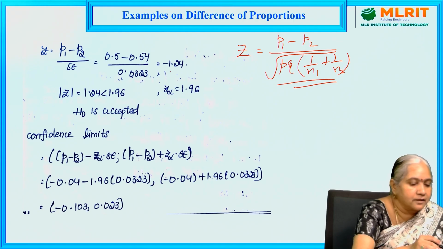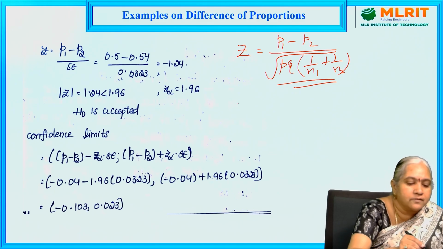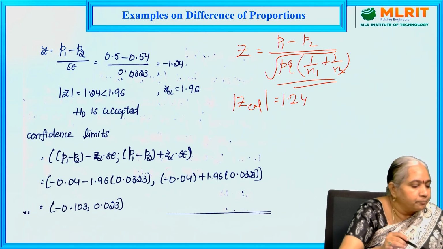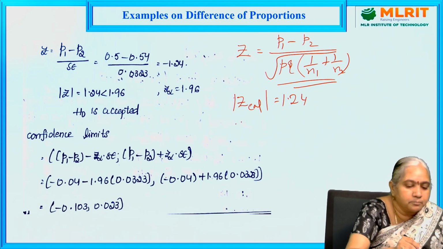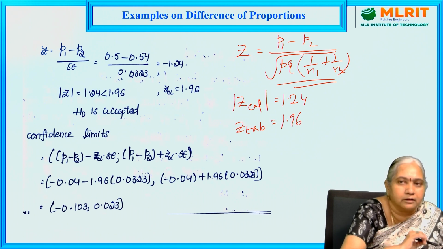We get minus 1.24. Here our calculated value is negative, but we take only the modulus value, that is modulus of Z calculated is 1.24. Now Z tabular value for 5% level of significance, two-tail test, is 1.96.